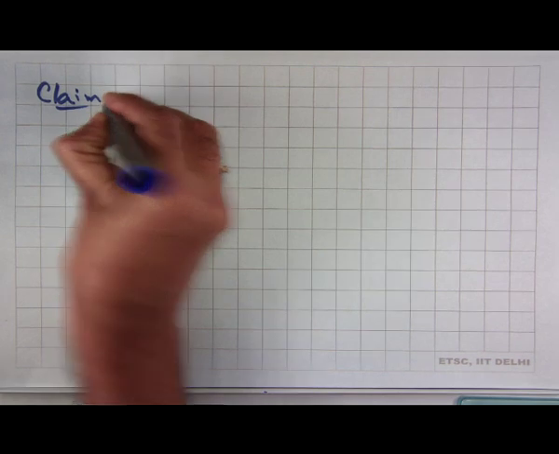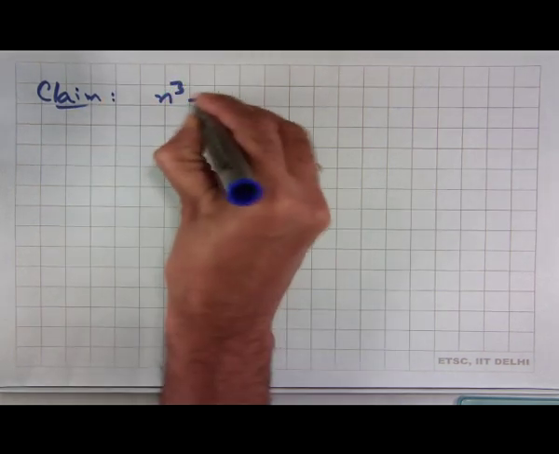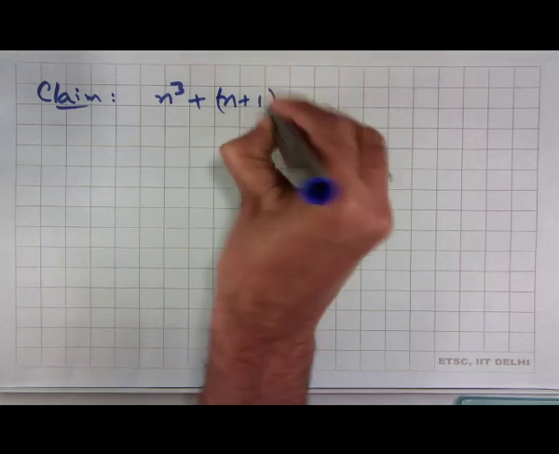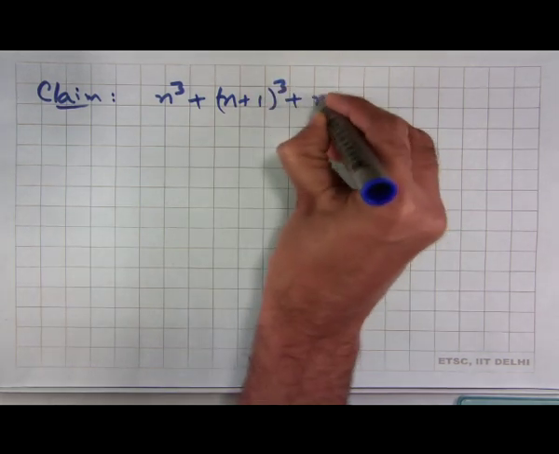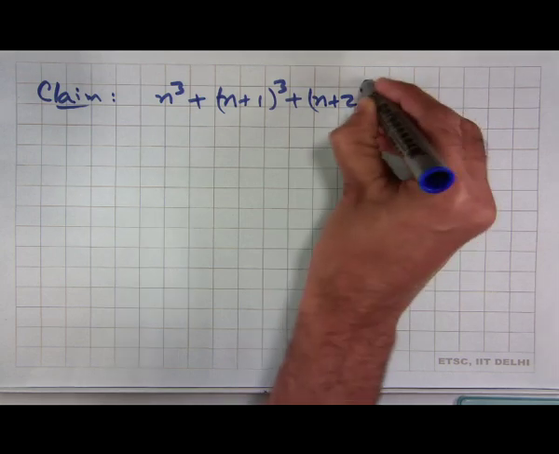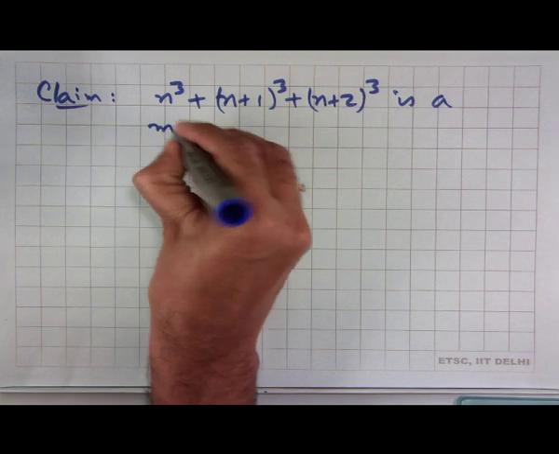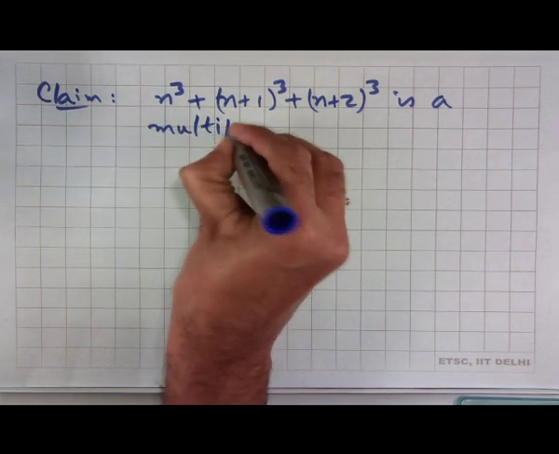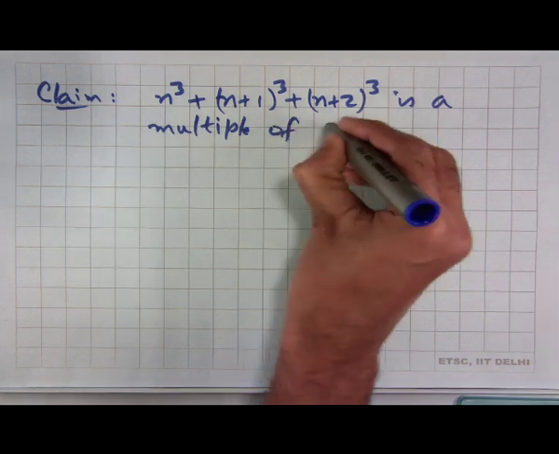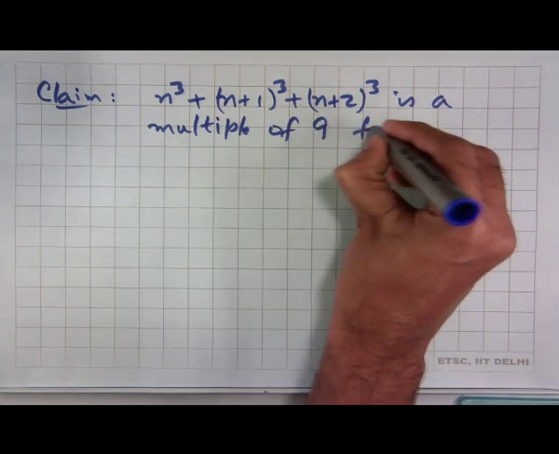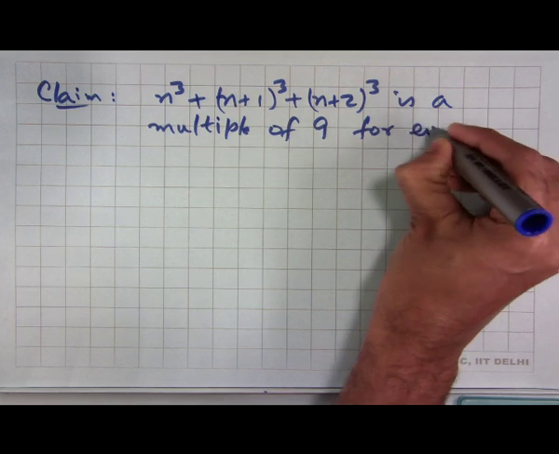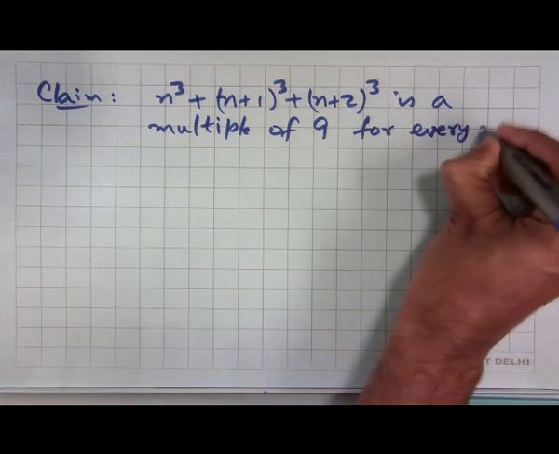So, the claim is n cube plus (n plus 1) cube plus (n plus 2) cube is a multiple of 9 for every natural number n.